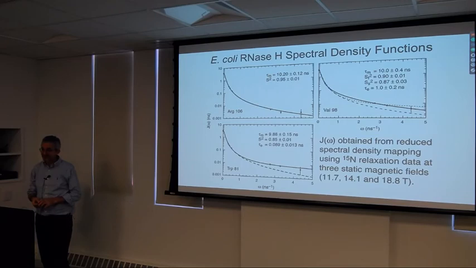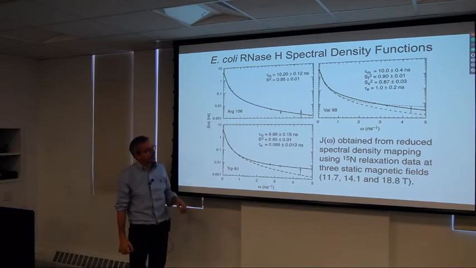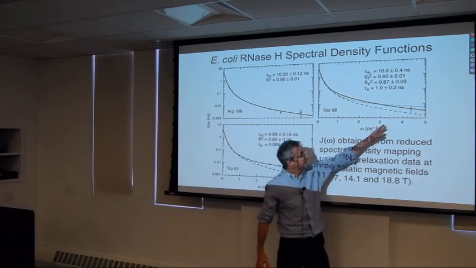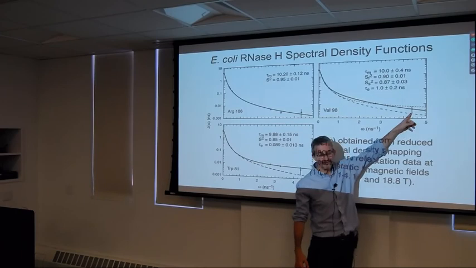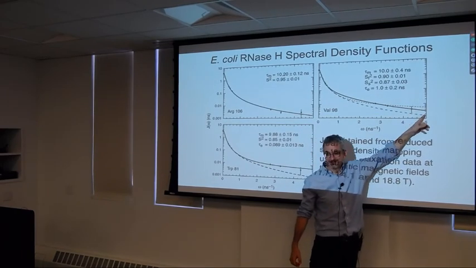So it's not the most favorable situation. The experiment you need the most is the one that's the least sensitive. And then you can see the models diverge more if you go to higher and higher fields. So this is 800. You can see the obvious advantage of having a 900.